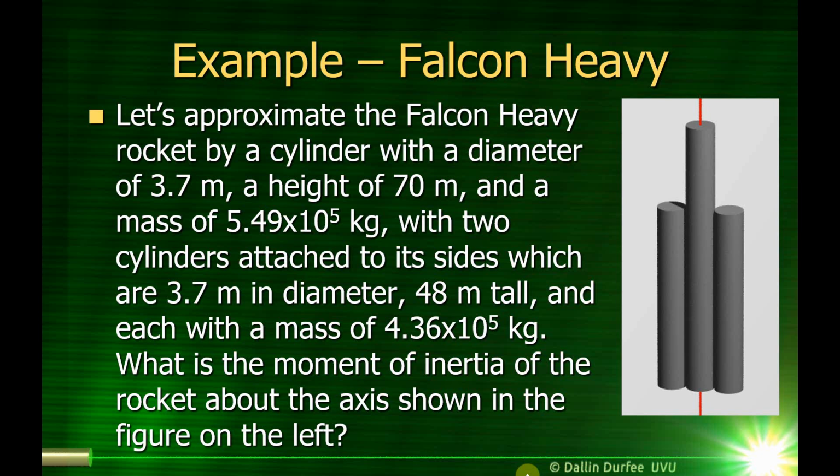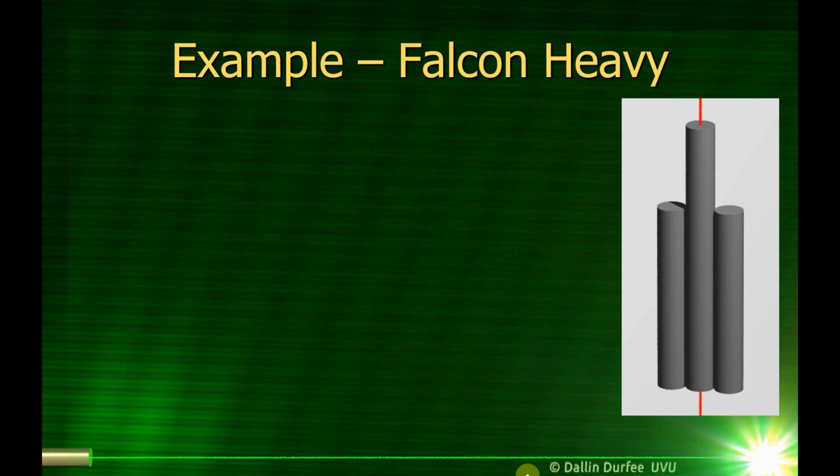Well, we're given the mass of each cylinder, and we're given the diameter. If we divide that by 2, we get the radius of each cylinder. The heights of the cylinders don't matter, right? Because the height is a displacement along the direction of the axis. So all we really need to know is the mass and the radius of each. And then we just add the moment of inertia for each of them.